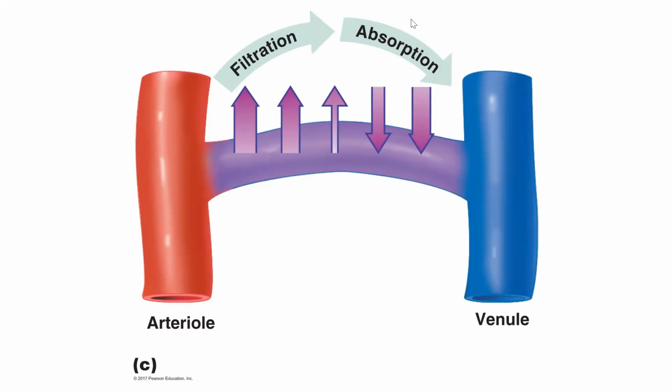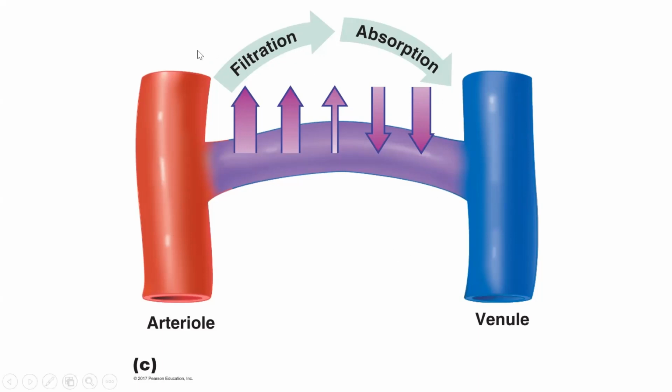So if we net out our forces, we're going to see that the forces that favor filtration, favor fluid moving out of the capillary and into the interstitial space, are stronger or more predominant on the arterial end, whereas on the venule end, the forces that favor fluid moving back into the capillary are stronger or more predominant, okay?